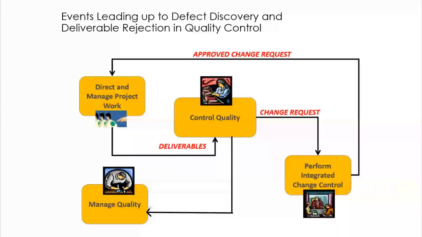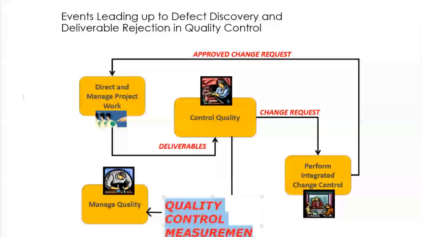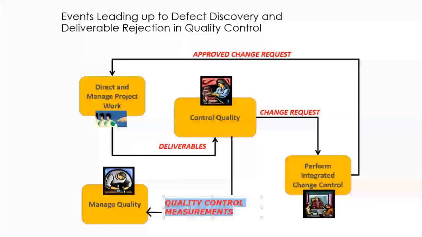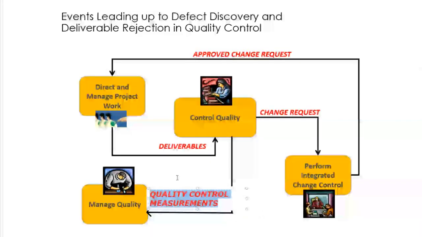And this feedback loop contains some very important measurements, and it is known as quality control measurements. And a quality control measurement is used to deduce the reason for non-conformance of that product, service, or result as identified by the quality control team.